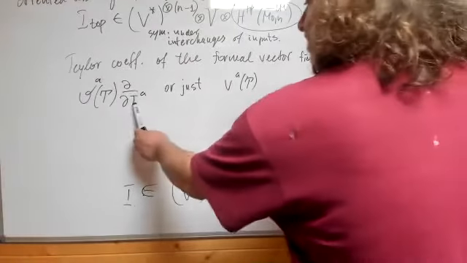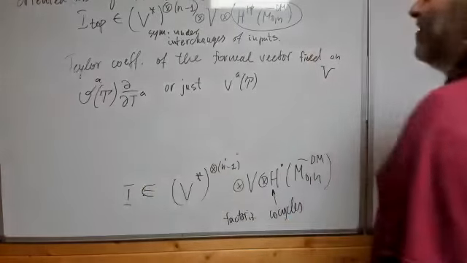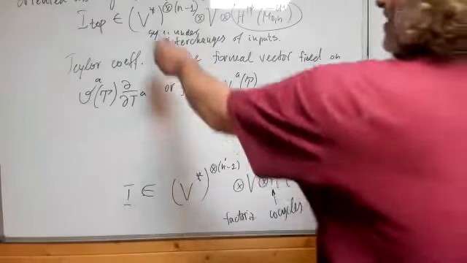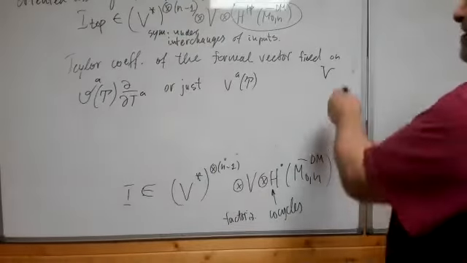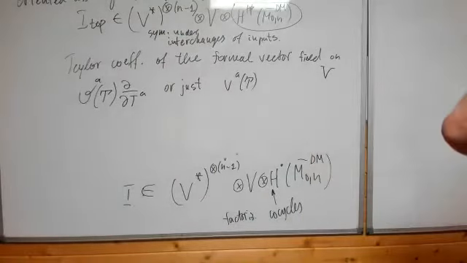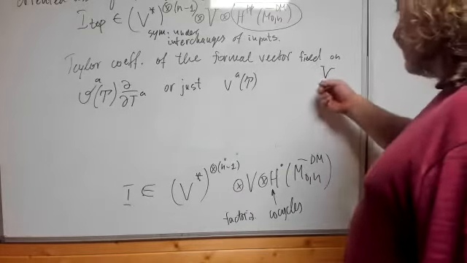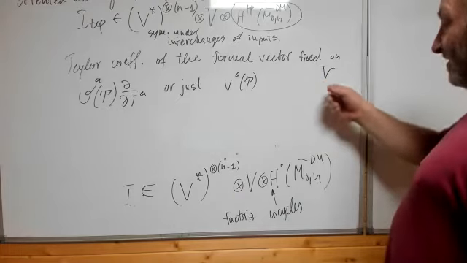Note that these coordinates t are very special. They are linear coordinates on V, of course, that vanish at 0.